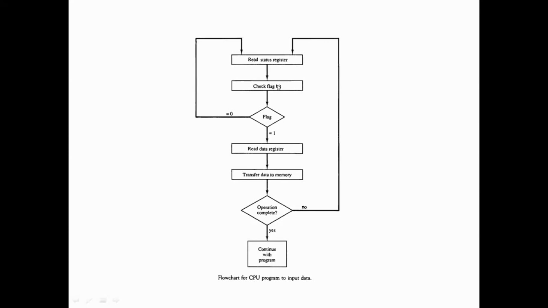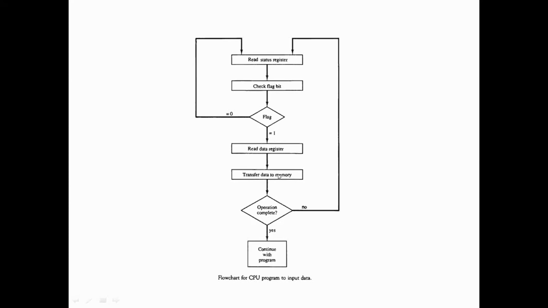If the flag bit is 1, that means the keyboard or some other device has sent some data. So if it is 1, the data in the data register is valid. Now the CPU will do the actual thing: it will read the data from the data register, and then store it into memory.